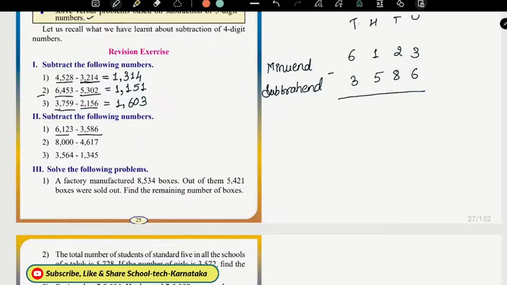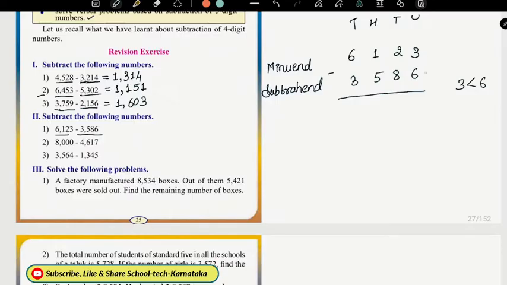So we start as usual from the units place. 3 minus 6. It is not possible to subtract 3 and 6 as 6 is greater than 3. We always need the digit in the subtrahend to be less than the digit present in the minuend. So since 3 is less than 6, it is not possible to subtract these two numbers.